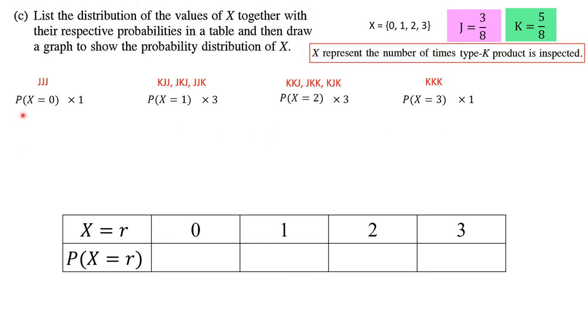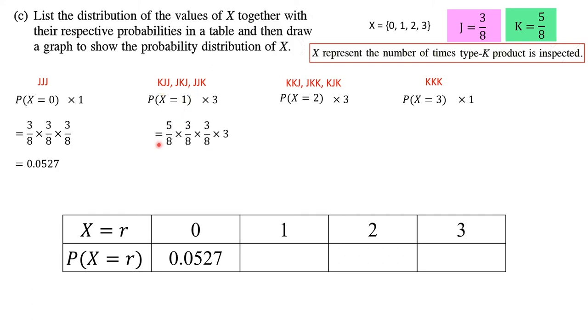For the first case, probability of X equal to 0, JJJ. That means 3 over 8 will occur 3 times. So 3 over 8 times 3 over 8 times 3 over 8. The answer is 0.0527. We fill into the table. For the case X equal to 1, K occurs once.